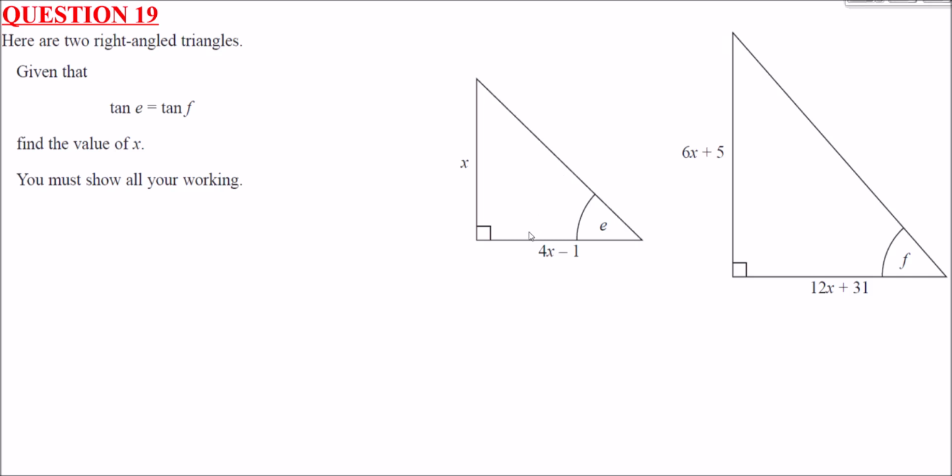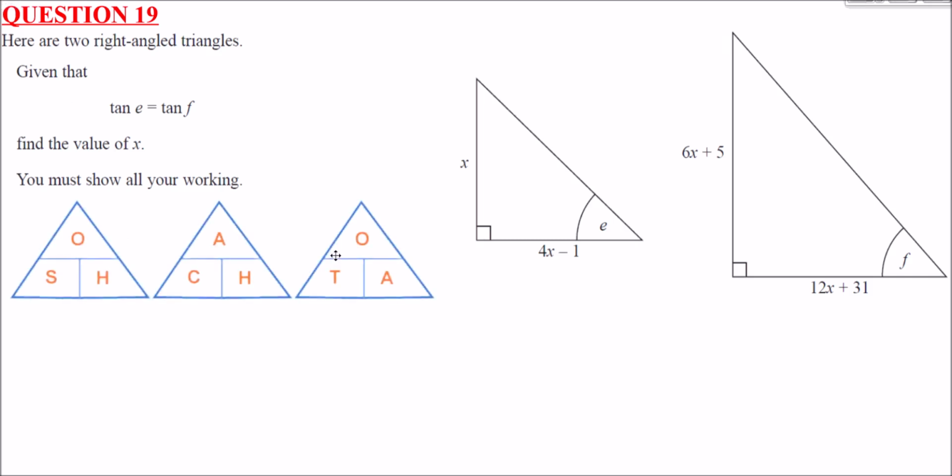So the first thing we need to think about is obviously SOHCAHTOA, and what tan actually is. So tan equals O over A, opposite divided by the adjacent.